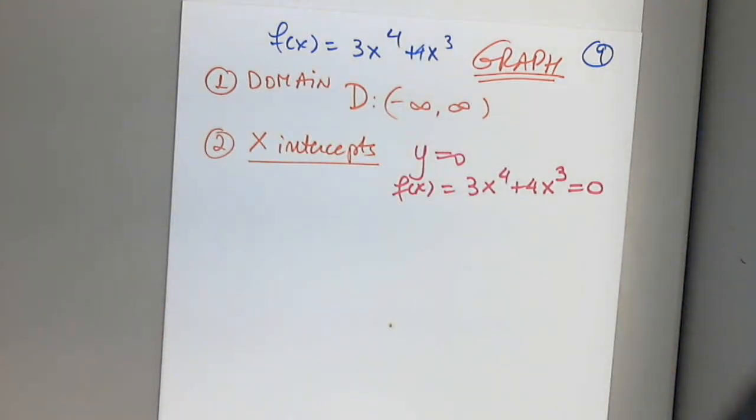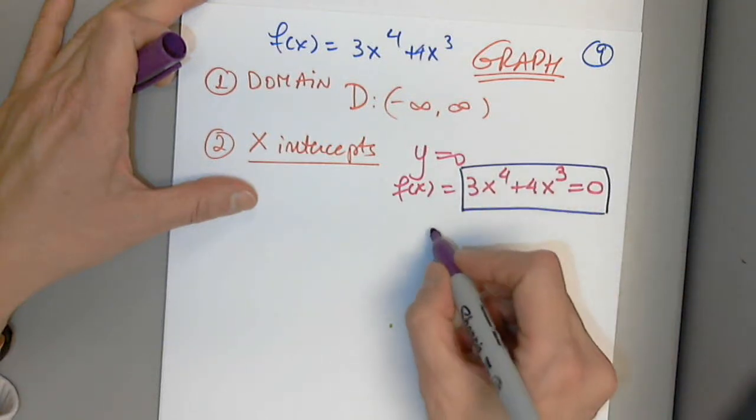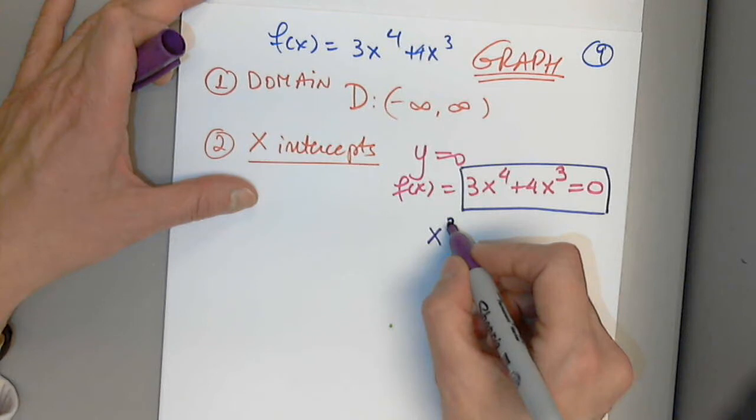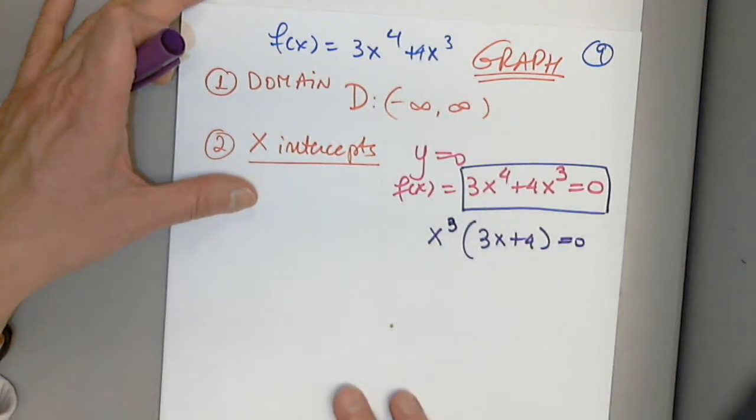What is the degree of this polynomial? I have to have 4 solutions, even if they're all the same. I have to write 4 solutions. Okay, so I'm solving this equation. I will factor out x to the third, and then I have 3x plus 4 equals 0.